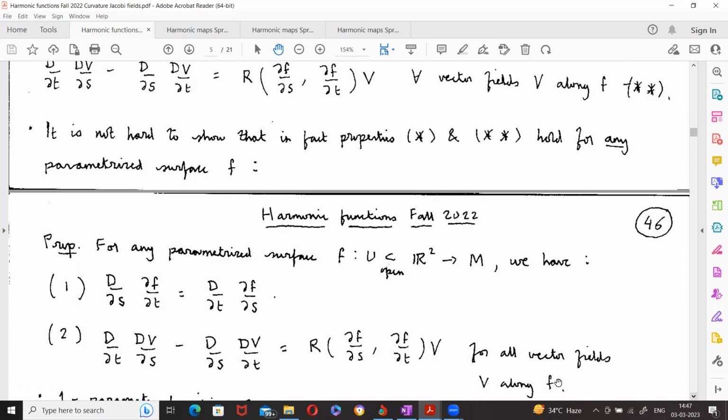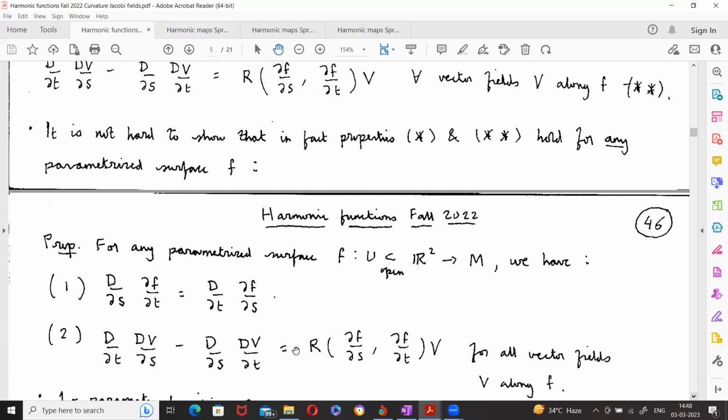Sir, in the last part you had defined X as ∂F/∂s and Y as ∂F/∂t, right? Correct, that's right.